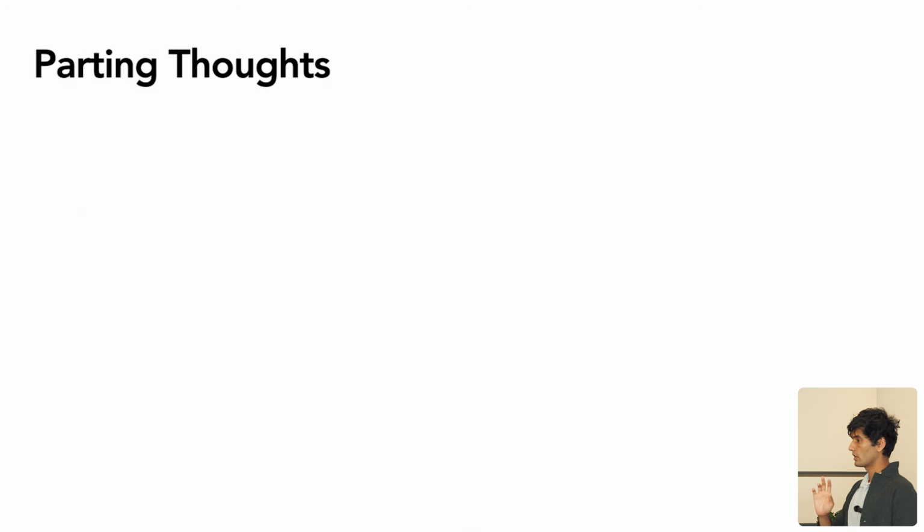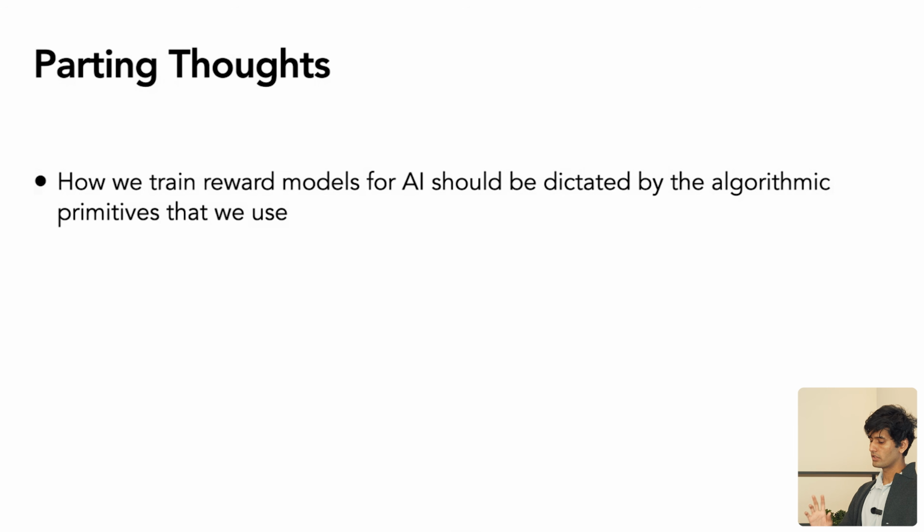Okay, so I'd like to end this talk by having us think about the following important aspect of how we train models. It is important to think about our training procedure for both our reward models and our language models generally, which should be dictated by what we can do with them and what algorithmic primitives you can implement on top of the sampling procedures.